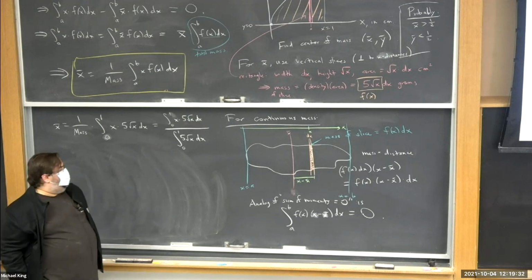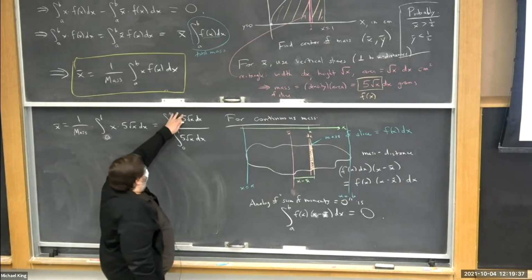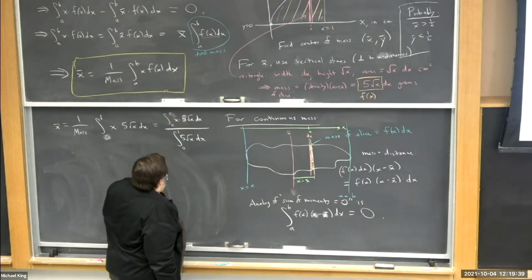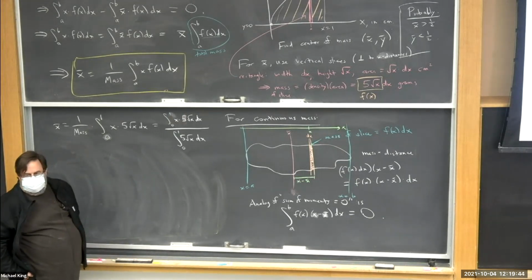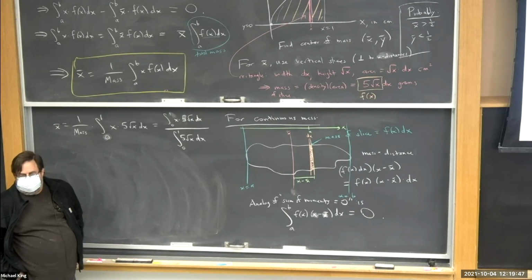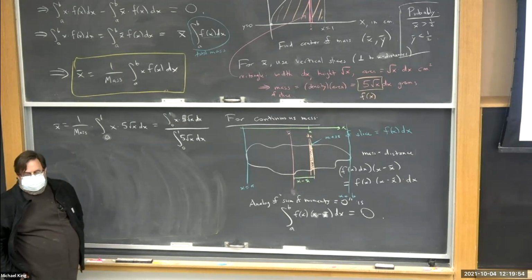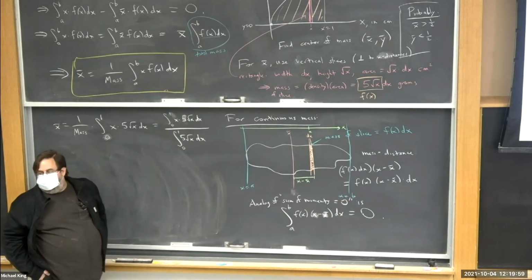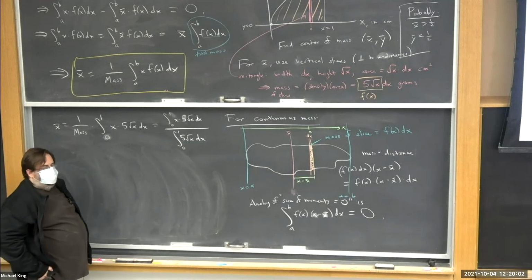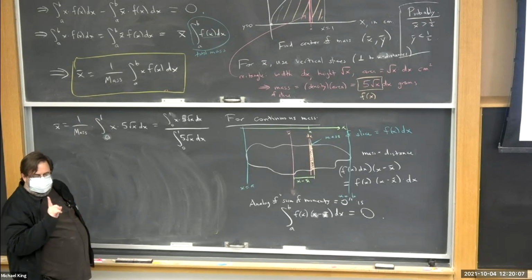So it's just this. These are 5s. Okay, so we can solve this. Actually, one thing that's kind of nice is the 5s pull out and cancel. It makes sense that the density shouldn't matter for the balance point as long as it's constant density.